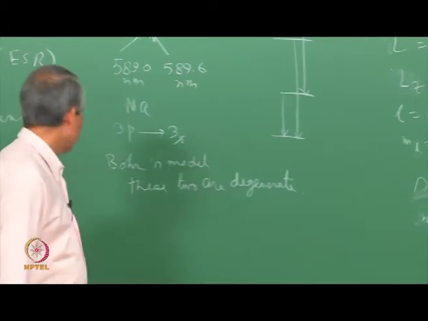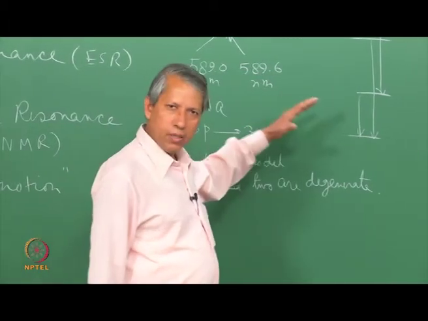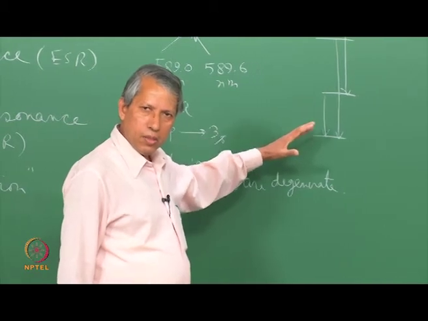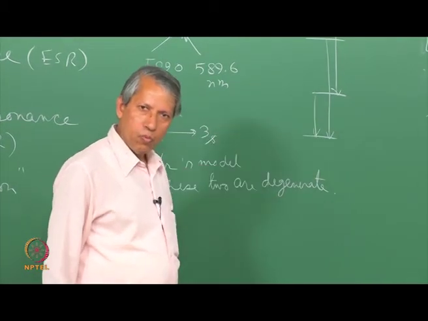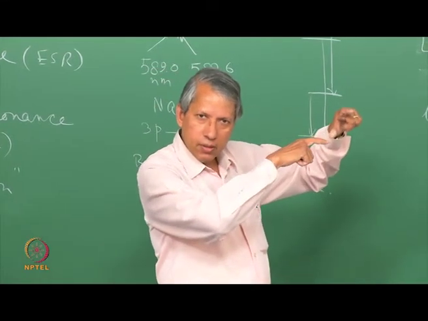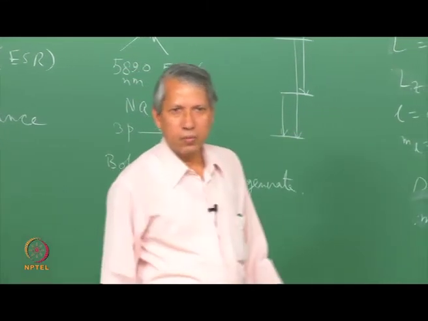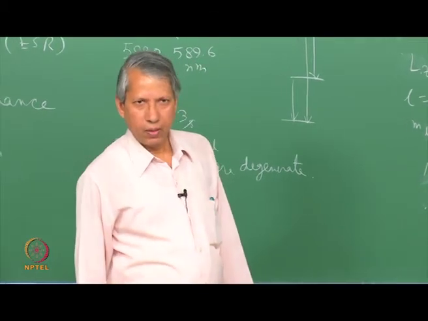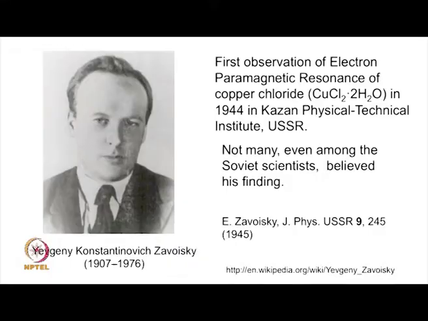Anyhow, coming back now to spectroscopy, Zeeman showed the splitting of energy levels. Now, if the energy levels are split, one can look at the transitions among the split lines, and that is nothing but electron paramagnetic resonance spectroscopy. So, this was first observed by the Russian scientist Zavoisky in 1944 in cupric chloride.